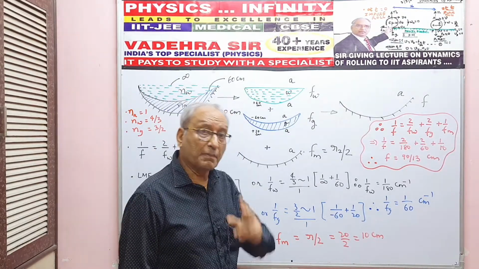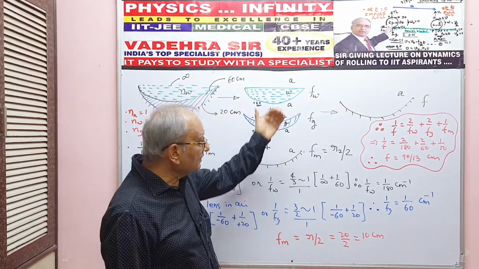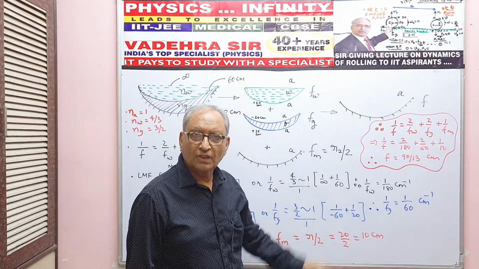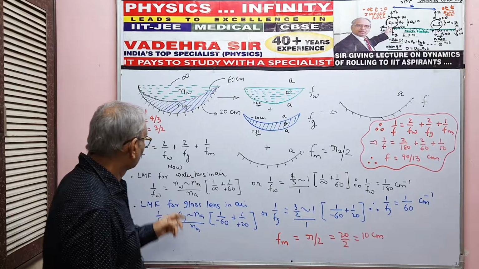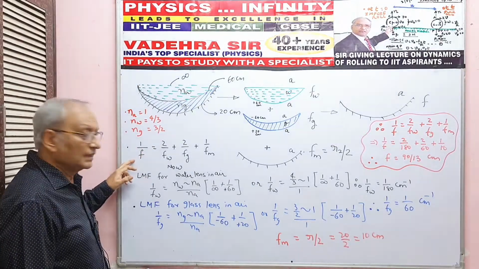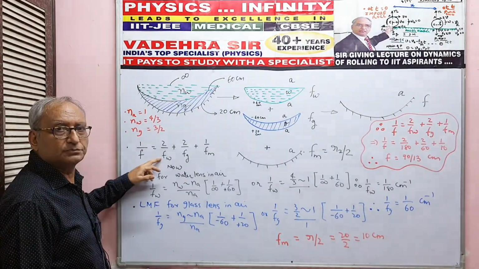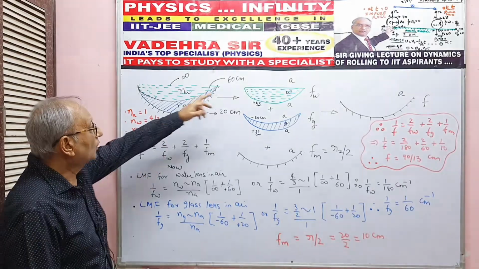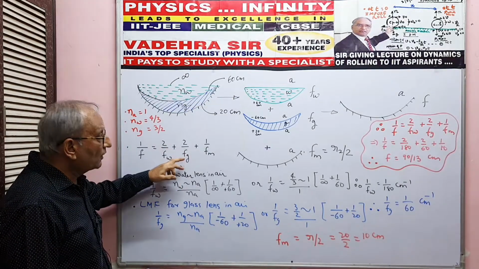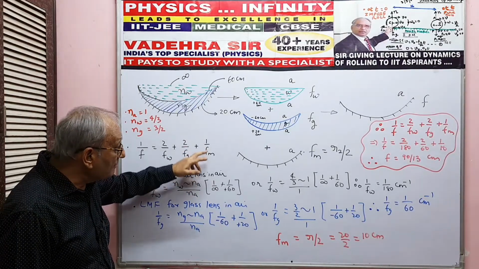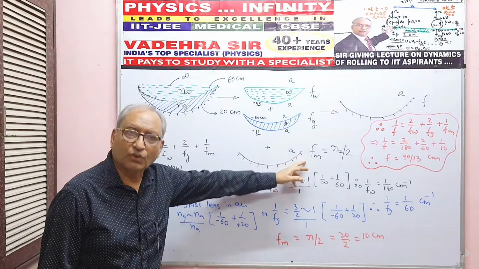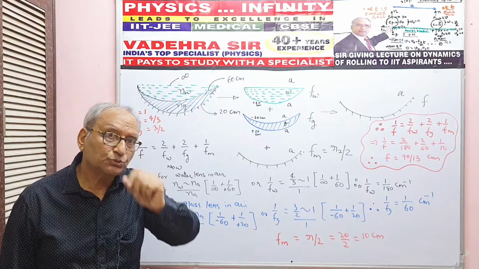Now, remember, for the combination of these devices, the effective F will be given by 1/F = 2/FW, FW being the focal length of the water lens, plus 2/FG for the glass lens, plus 1/FM for this curved mirror. Why 2?